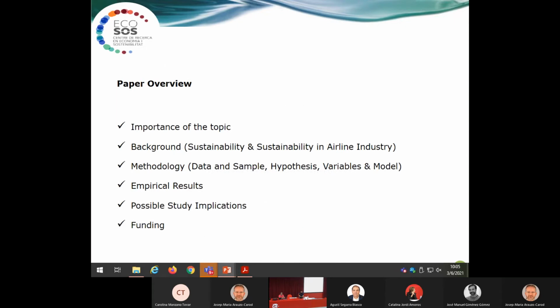We know that the sustainability concept as we know it today goes back about 30 years, when it first appeared in the so-called Brundtland report, also called Our Common Future, back in 1978, produced by several countries for the United Nations.